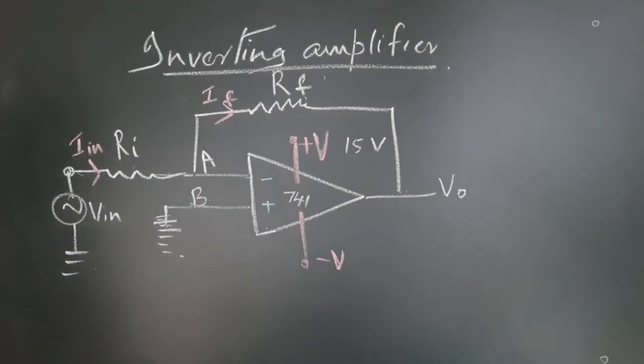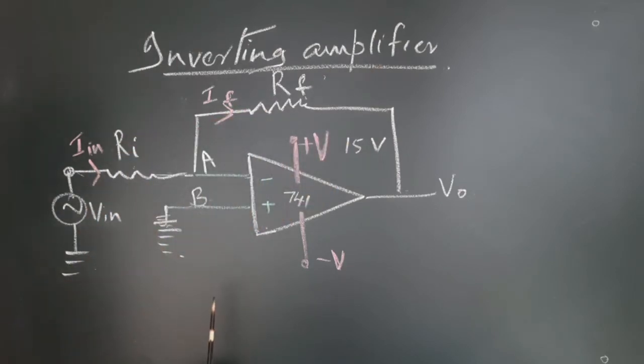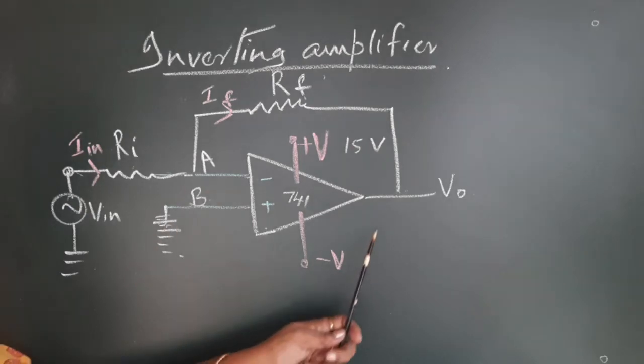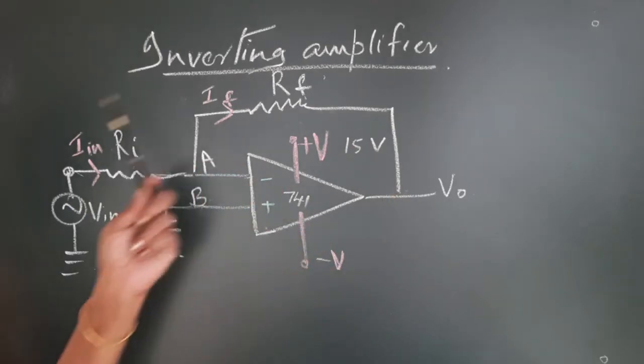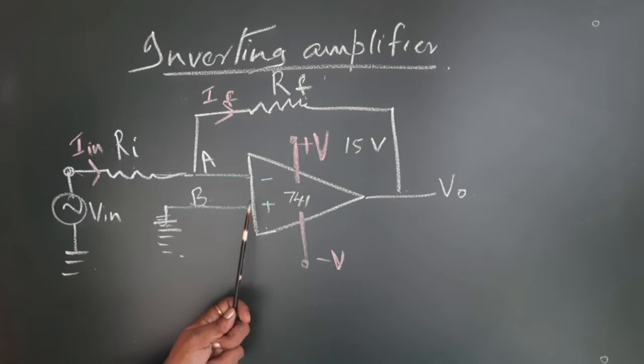Now, let us look into this inverting mode of amplification of the op-amp in detail, and let us see what the output voltage will be in this inverting mode of operation. So, once again, this is the op-amp IC 741, for example.